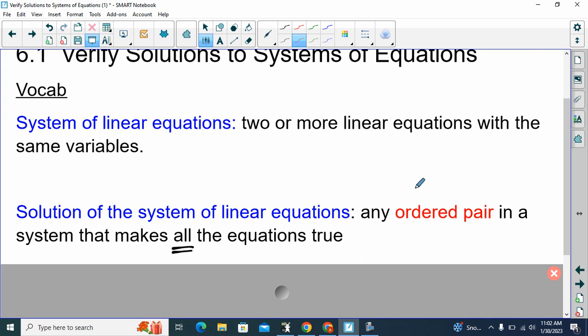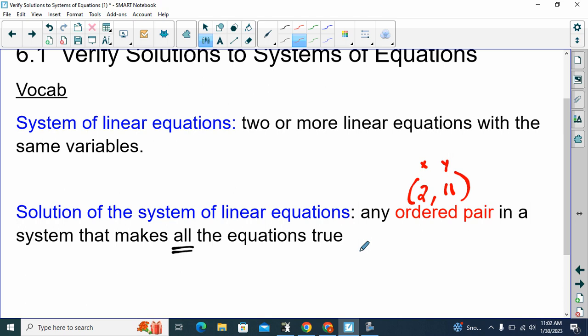Remember, an ordered pair is an x and a y, written like this. This is my x and this is my y. That is an ordered pair. The solution to the system is an ordered pair that makes all the equations true.